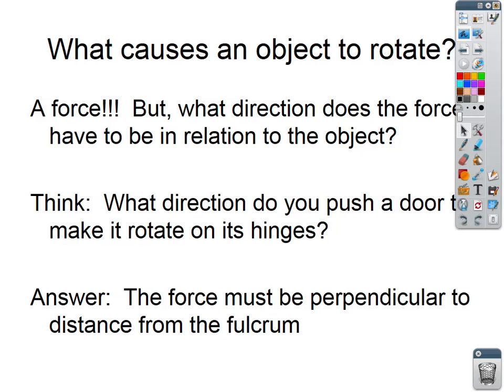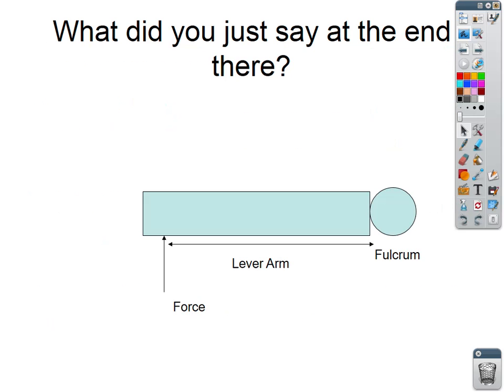In other words, that door is facing me, I come straight at it, perpendicular, and I can apply a force to open that door, as long as I apply it away from this thing called a fulcrum, which we'll define in a moment. So there are some parameters with it. It's not simply a force. I apply a force perpendicular to a fulcrum.